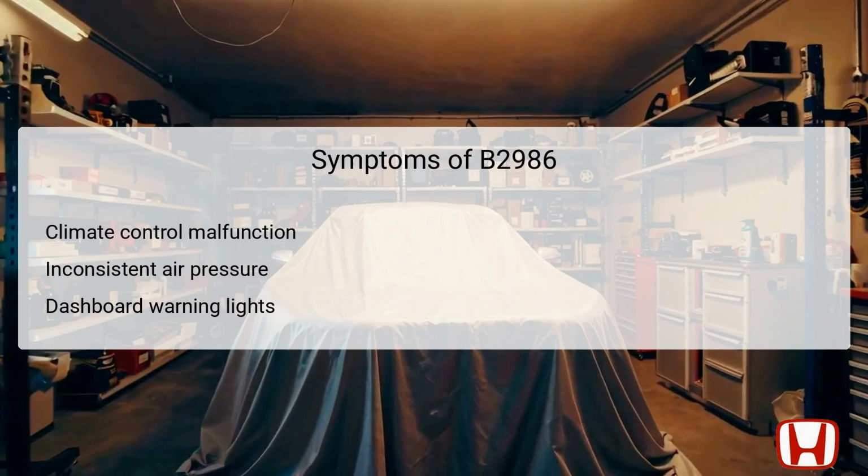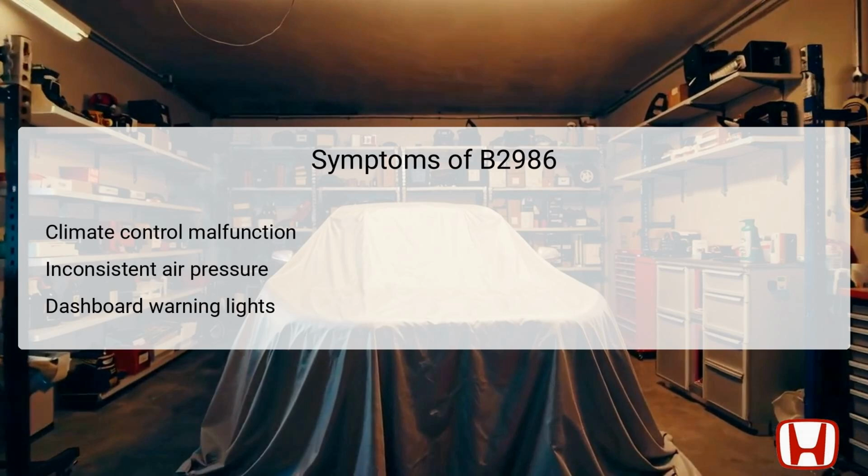When dealing with DTC B2986, the symptoms experienced in the Honda Civic can significantly affect passenger comfort. One common symptom is a noticeable malfunction in the climate control system, where the system may not respond as expected when adjusting air intake settings. This can lead to inconsistent air pressure levels inside the cabin, causing discomfort, especially on extreme temperature days.